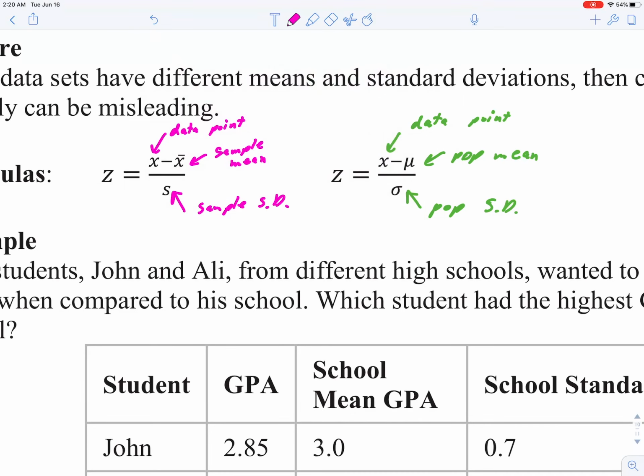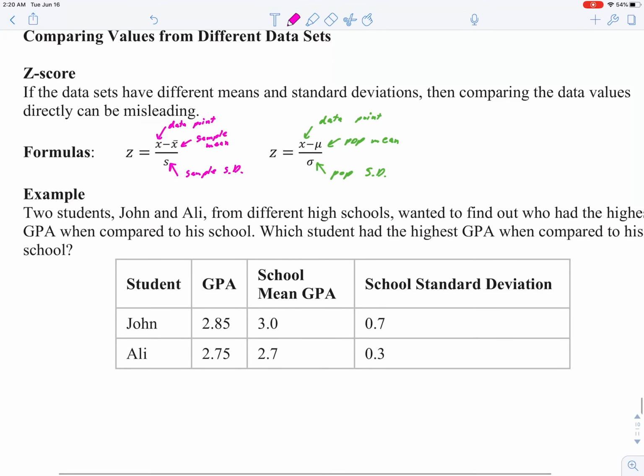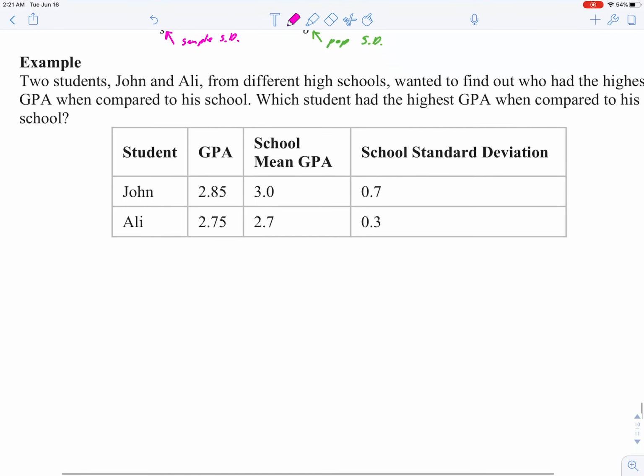Make sure you know what each variable means. Just going to make life so much easier when you do these calculations. All right, so again, z-score. So converting data points to these z-scores, again, we're taking apples and oranges, converting the apples and oranges to pineapples, so that now we can compare the pineapples to the pineapples. Okay, that's what we're going to do.